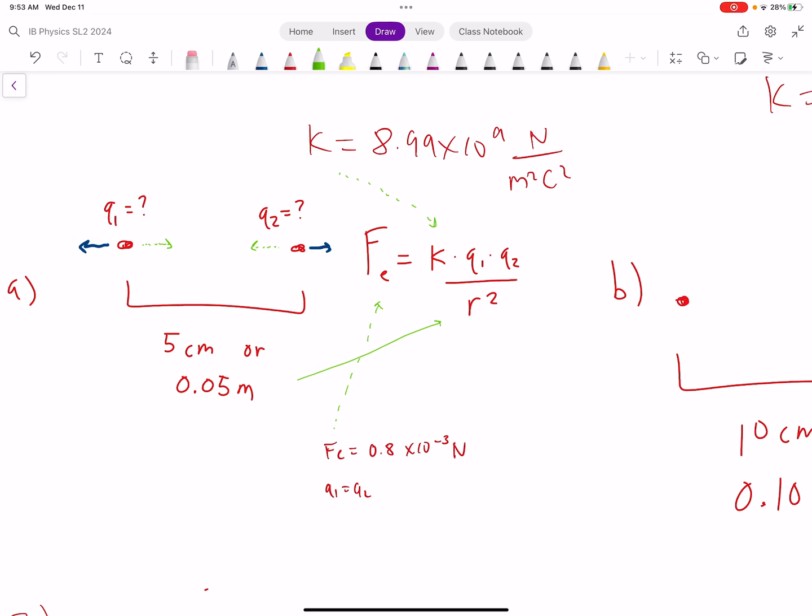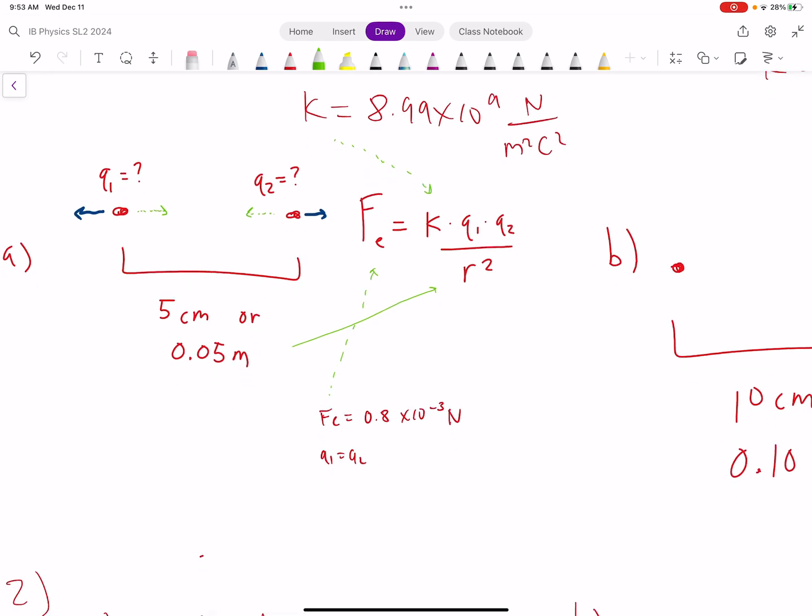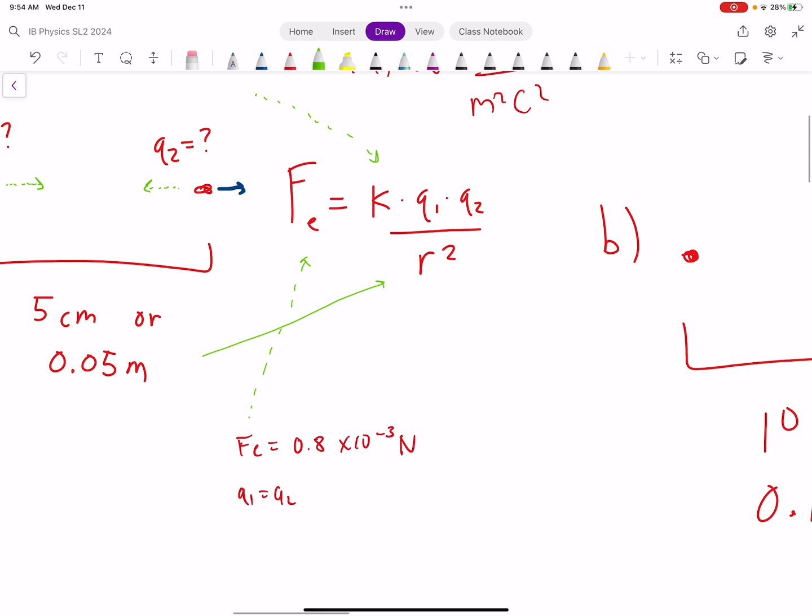Okay, so we've converted everything to the correct units and plugged everything in. Once you plug everything in, you're going to get a value for Q1 times Q2, and then you should square root it. So Q, the charge of either, is equal to the square root of Q1 times Q2.